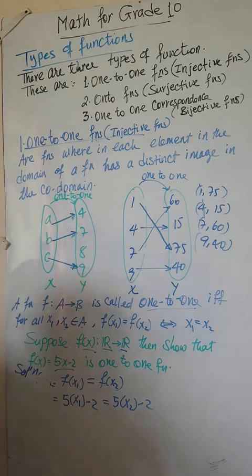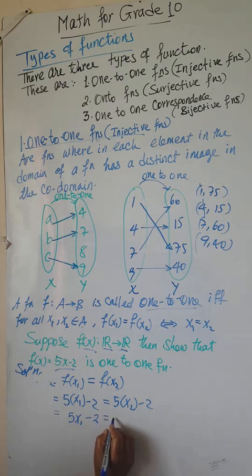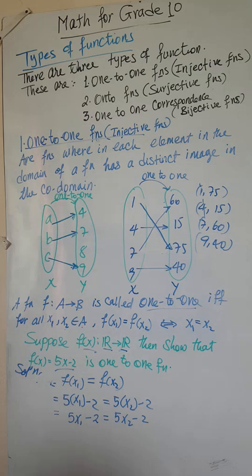Then here ምን ይሰጠናል? 5x1 minus 2 is equal to 5x2 minus 2. Take these two to the other side. So 5x1 is equal to 5x2 minus 2 plus 2.